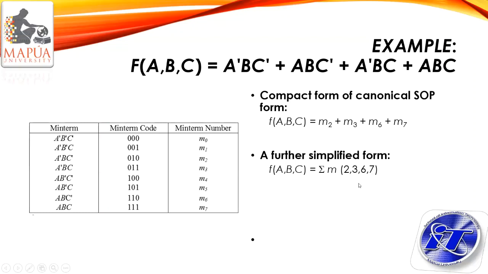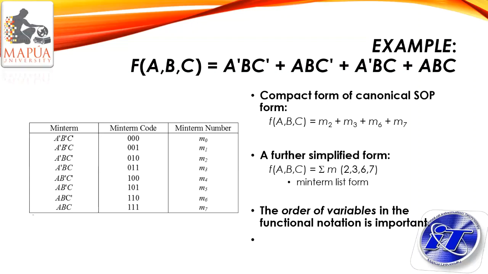That will be the simplified version of our SOM. So we could write our equation in this manner or in this manner; we have two options. Again, this is the min term list of this equation, the list that gives us an output of 1.